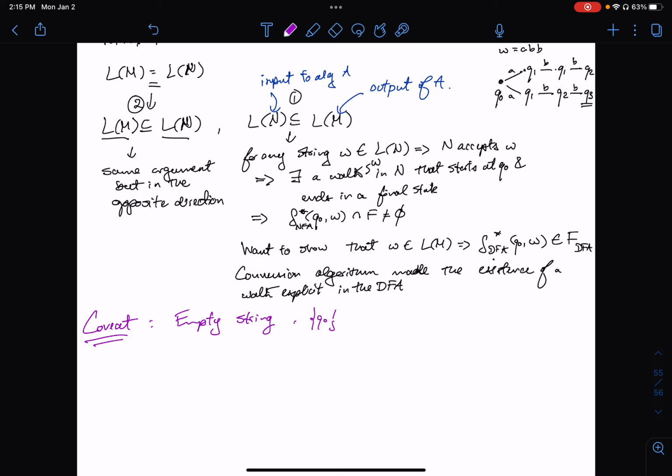So this state should be made an accept state in the DFA. Of course, if it isn't already.